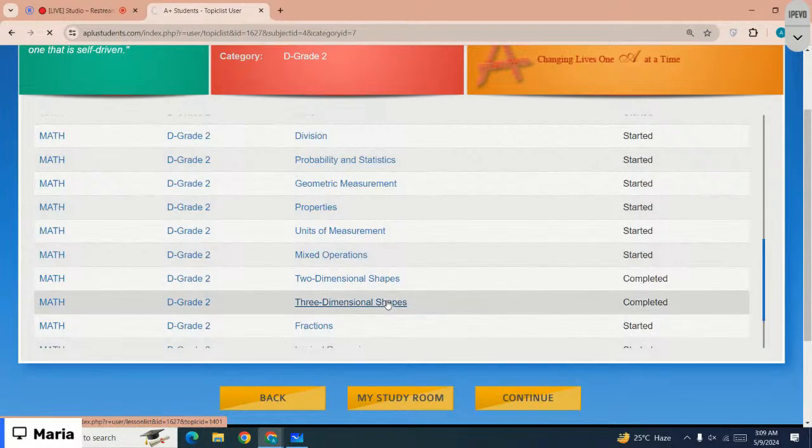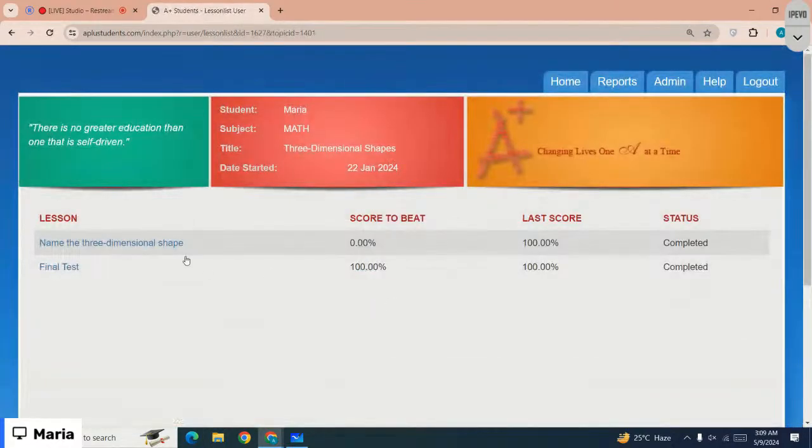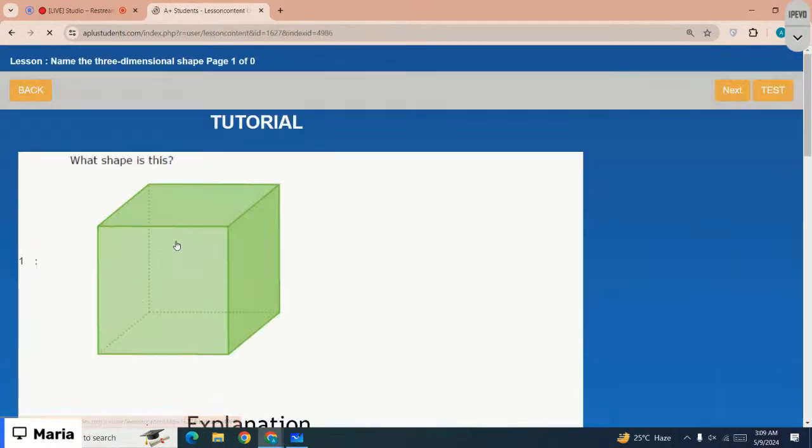Okay, let's start with the lesson. Name the three-dimensional shapes. Okay, what shape is this? Which is the correct option?